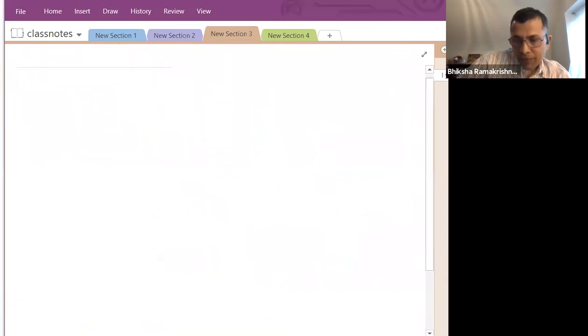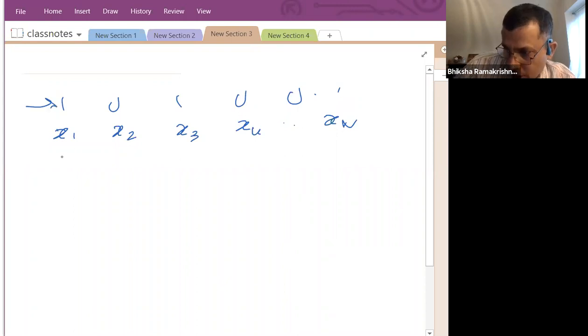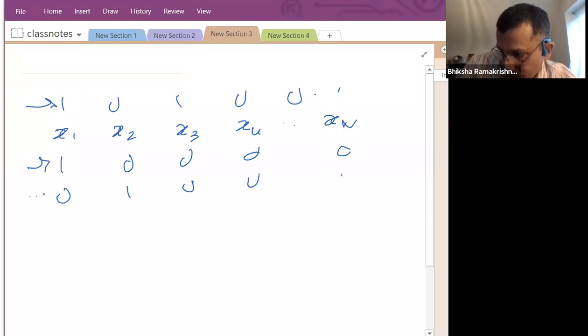Let's say these are my points, x1, x2, x3, x4, up to xn. First, I got some labels, 1, 0, 1, 0, 0, 1. This I have already been given. I'm ignoring this. I'm going to start off by calling this 1, 0, 0, 0, 0. I will try this guy. Then I'm going to try 0, 1, 0, 0, 0. And I'll keep doing this.